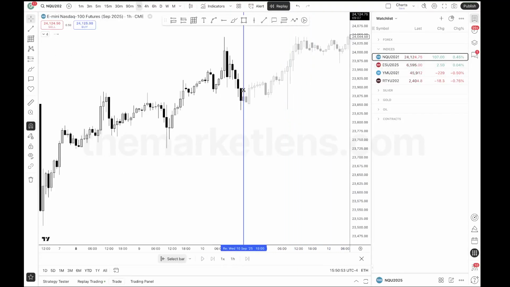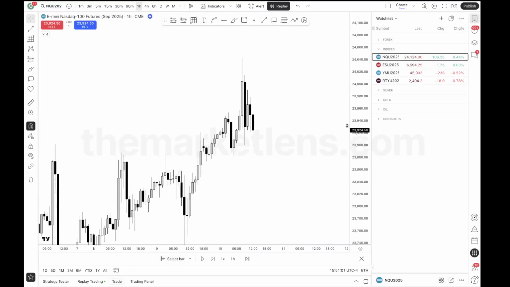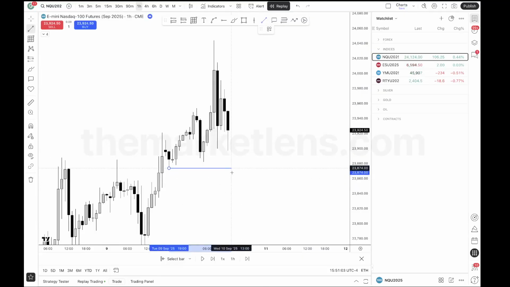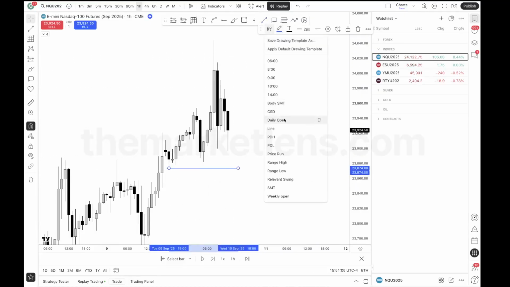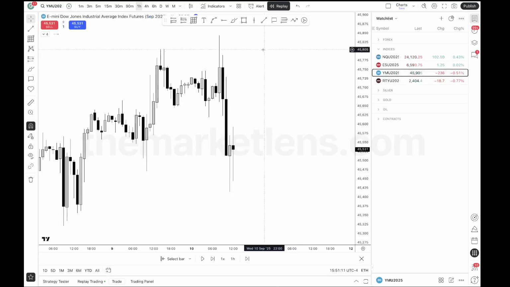So if you look here, I took this on NQ, and I think it was right here. So right about here. Notice how this asset, if you mark out the current day's low, might get noisy here, but if you mark out the current day's low on this asset, we're just going to use this London low here.